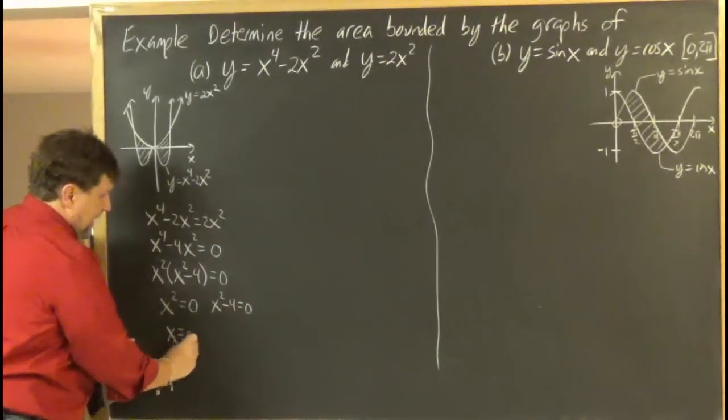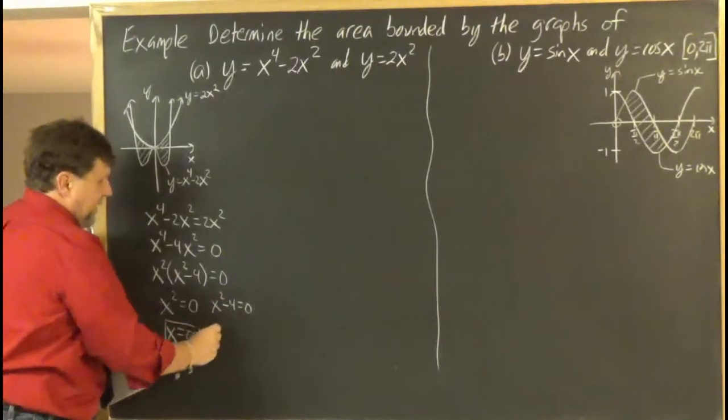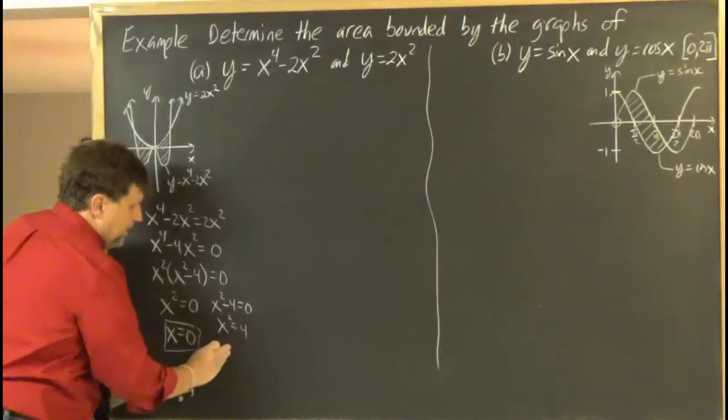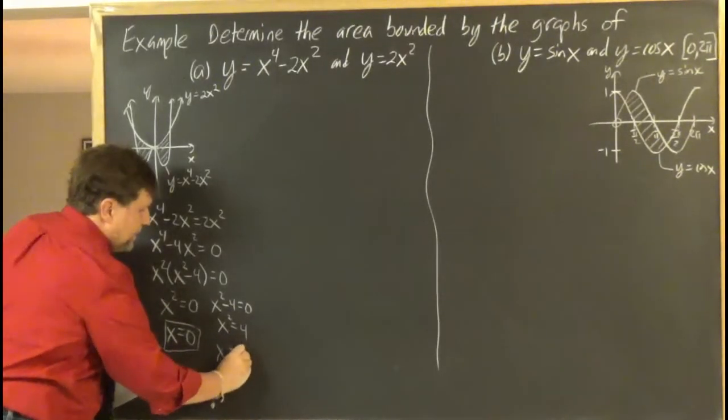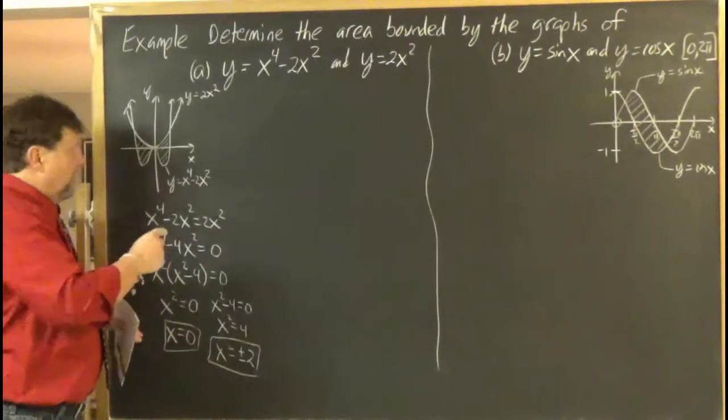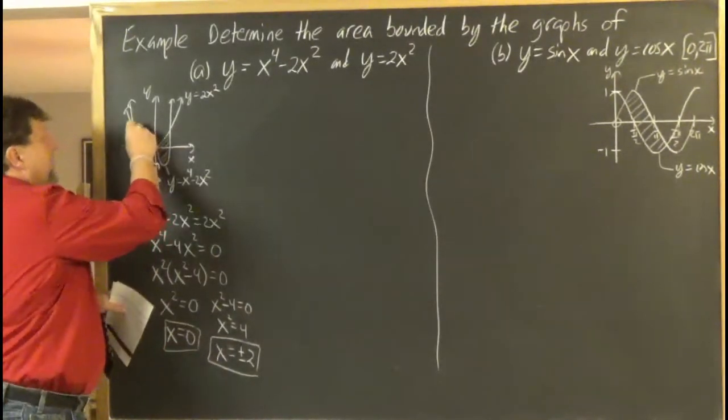Square root both sides and I get 0 here. Here I'd add 4 to both sides and then take the square root to get x equals plus or minus 2. So I know the x coordinates of the 3 points of intersection.